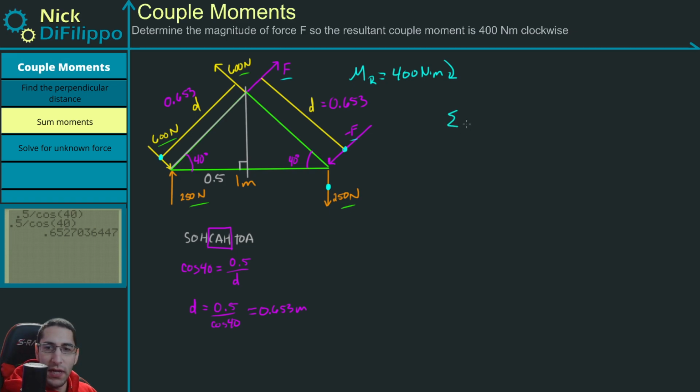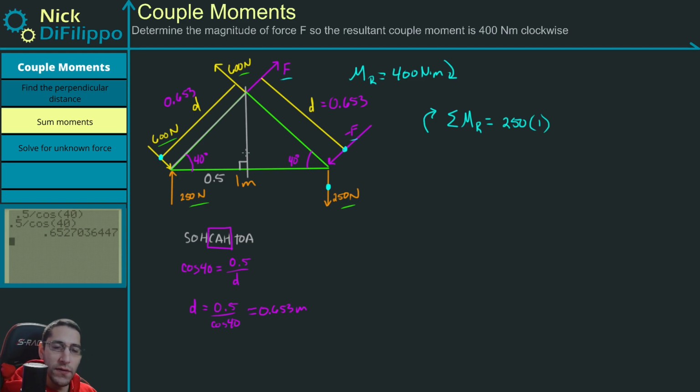Let's look at what the sum of my moments is. I'm going to go clockwise. So this is going to be equal to, we'll do the 250 Newton force first: 250, my force, times the perpendicular distance, which is 1. And this is going to go head first, so it's positive.